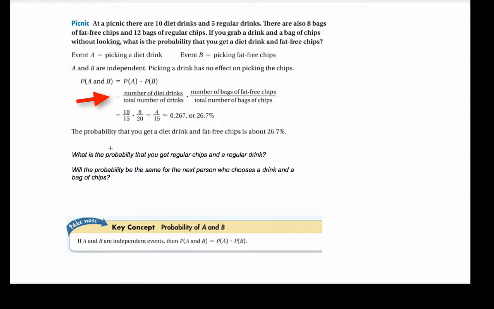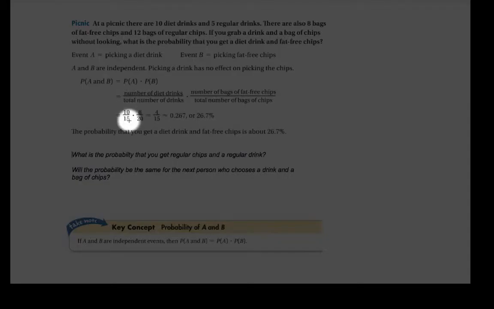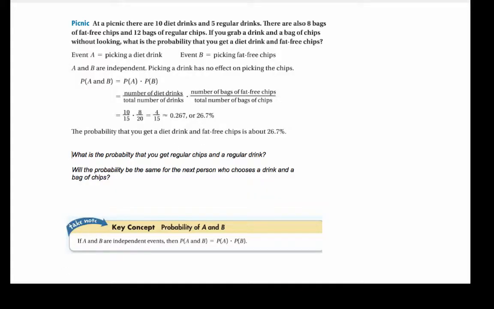The first probability is the number of diet drinks over the total number of drinks: there are 10 diet drinks and 15 total drinks. There are 8 bags of fat-free chips and 20 total bags of chips. If we multiply those two fractions together, we get a reduced fraction of 4/15, which is approximately 0.267 as a decimal, or 26.7%. So the probability that you get a diet drink and fat-free chips is about 26.7%.